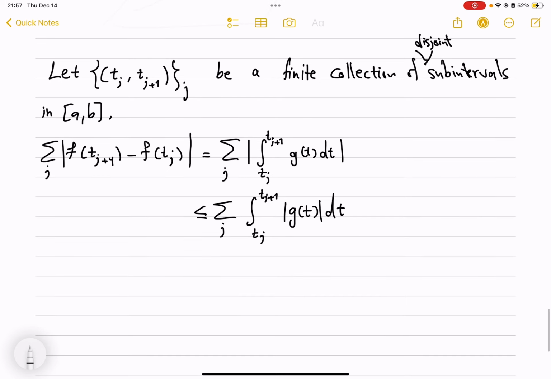That's why they can add up here. So this will be the integral over the union over j of these non-overlapping intervals. So we just take them as a set, right? And then you integrate absolute value of g(t) dt.